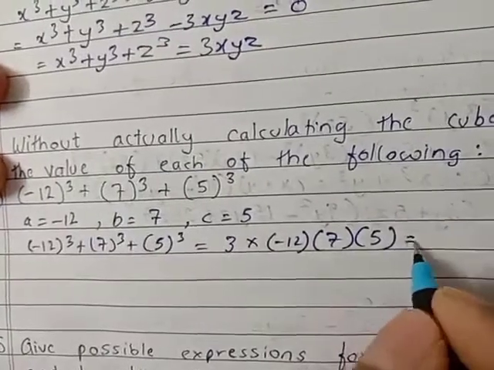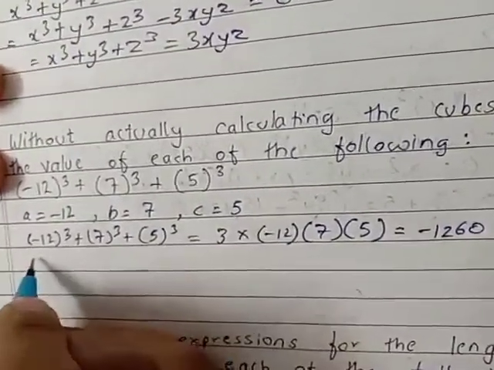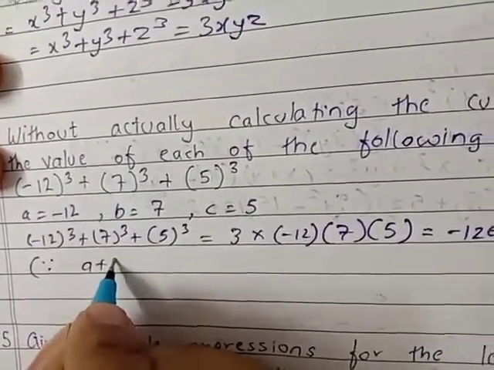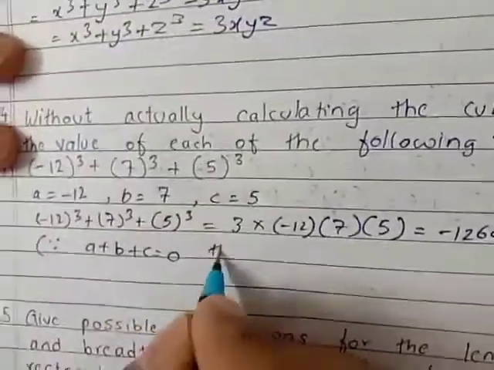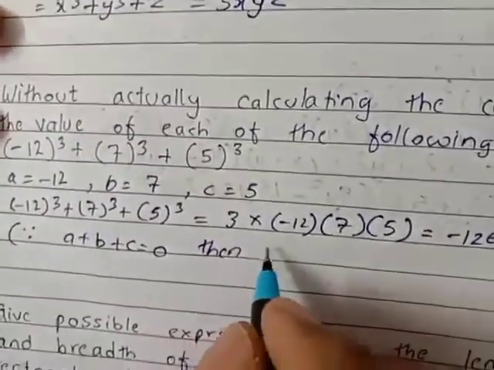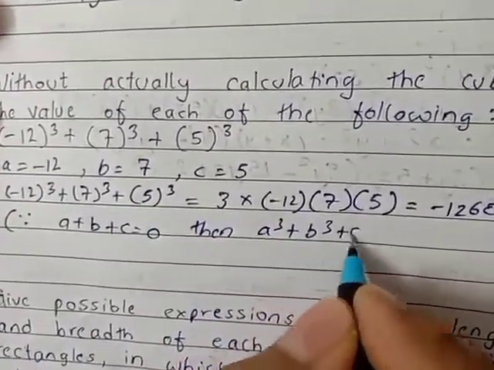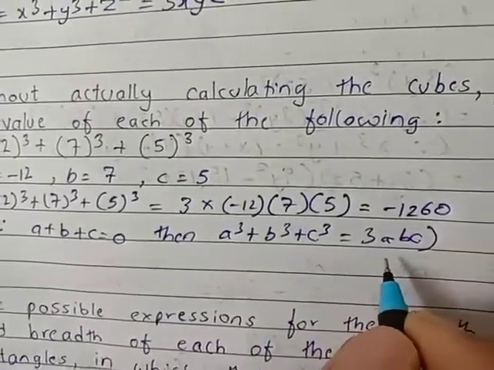Now if we multiply, the answer is minus 1260. Okay, we know that because a plus b plus c equals 0, then a cube plus b cube plus c cube equals 3abc.